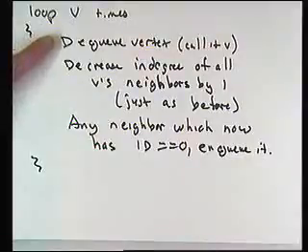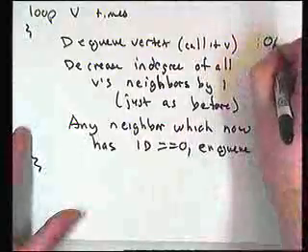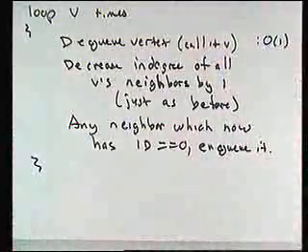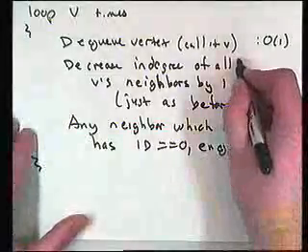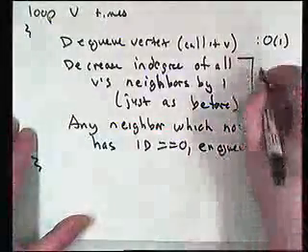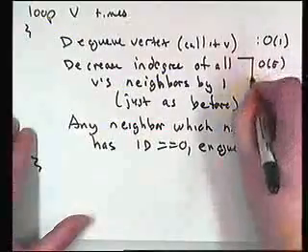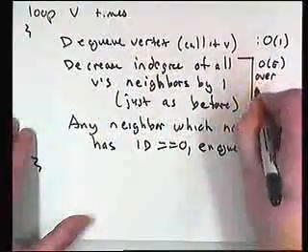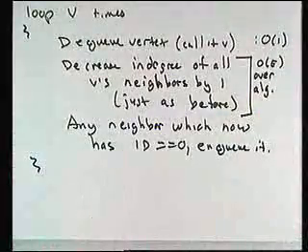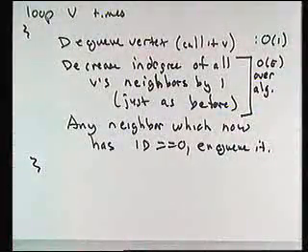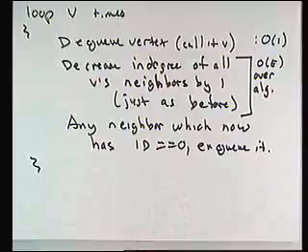Instead of searching, we do a dequeue of the vertex, and this is going to be constant time rather than order V time. We decrease the in-degree of all the neighbors, and this was order E over the life of the algorithm, and we talked about that before. And then any neighbor which now has in-degree equal to 0, enqueue it.